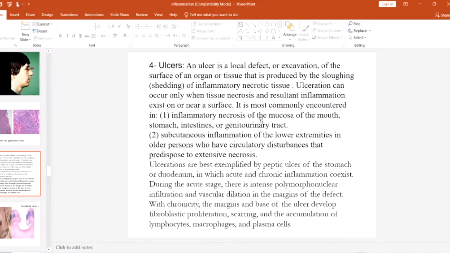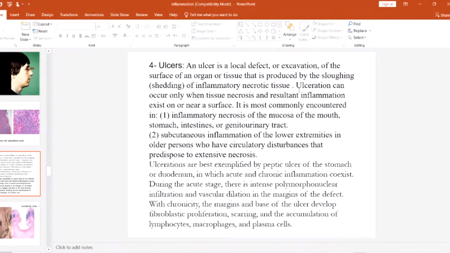الفورث هو الألسر. What is an ulcer? Ulcer is a local defect or excavation or sloughing or shedding of the inflammation or necrotic.